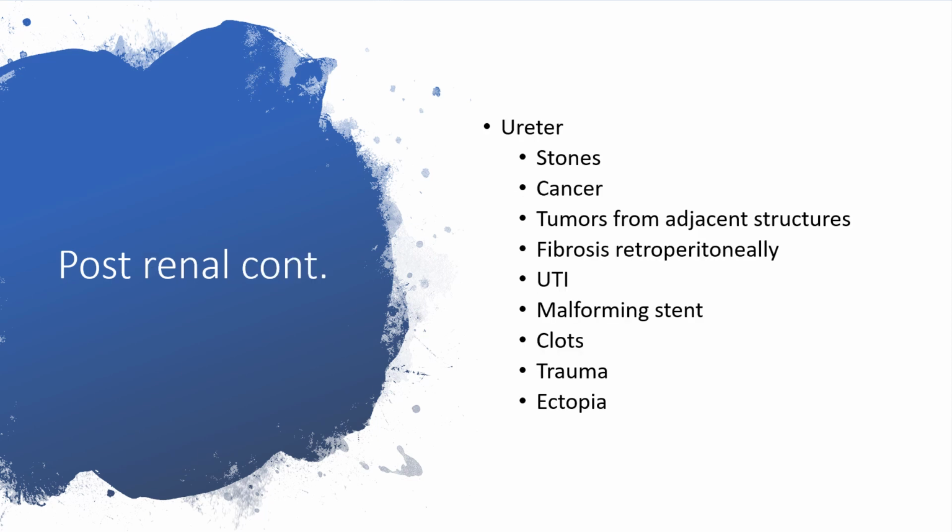At the level of the ureter, we can have stones, cancer cells, tumor from adjacent structures, retroperitoneal fibrosis, urinary tract infection, malpositioned stent, clots, trauma, and ectopia.